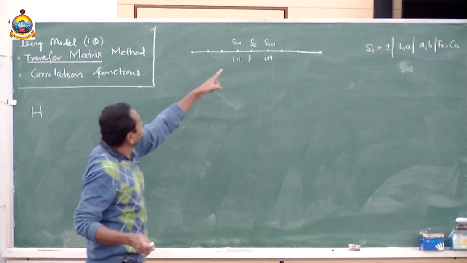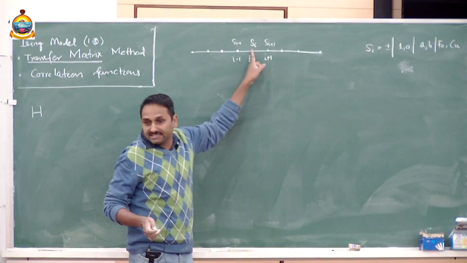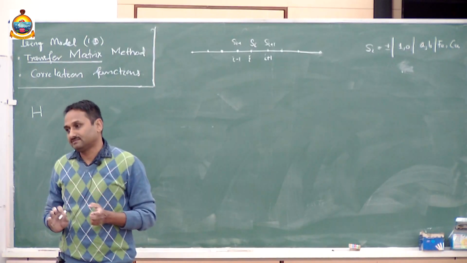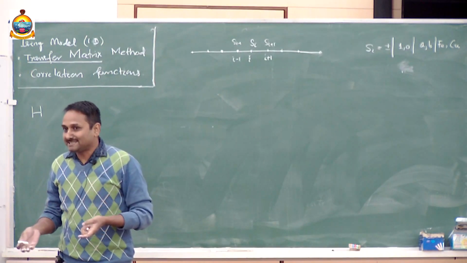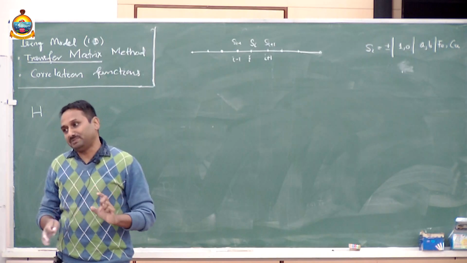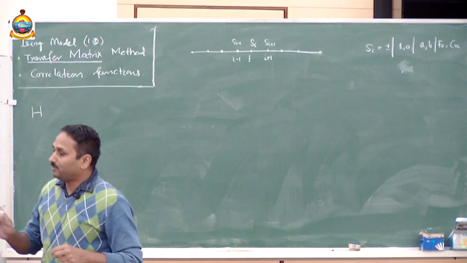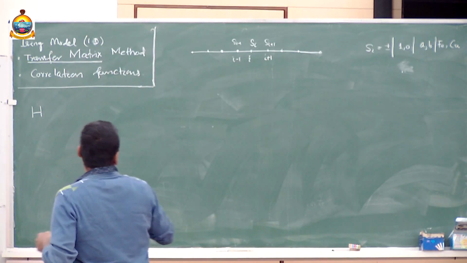At each point on the lattice, you have a variable Si which can take values 0 or 1. In a second description, it can take a value A or B. You mean each particle at site i? No, not a particle. You can call it spin.